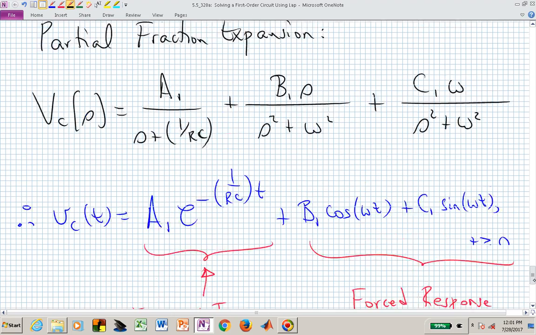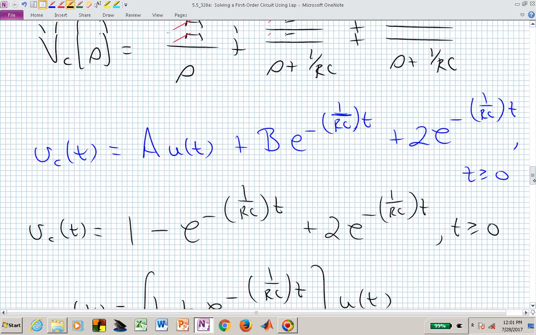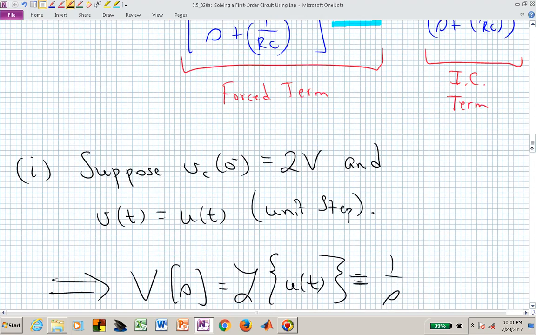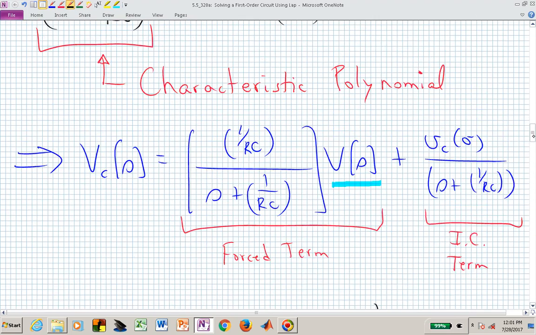That now allows you to see how you can utilize some original analysis, boiling it down to the expression for capital V sub C of s in the frequency domain. Now you can start plugging in all sorts of combinations for initial conditions and excitations to see what's going to happen to that capacitor's voltage in the time domain.